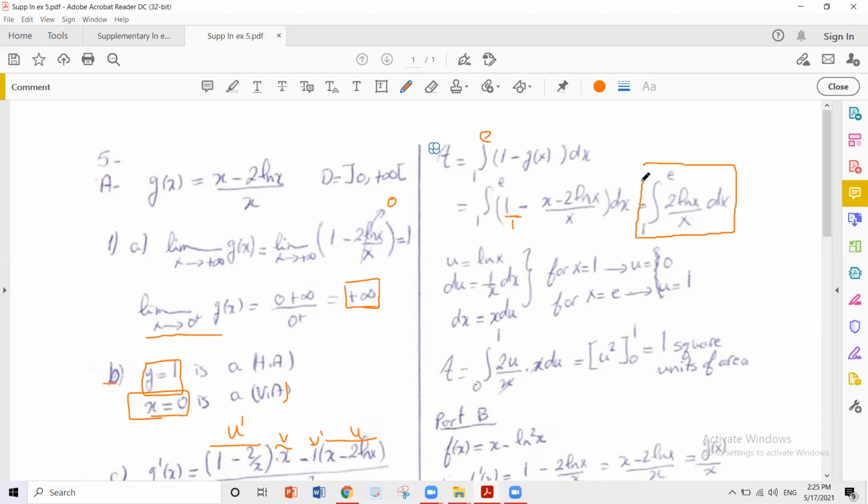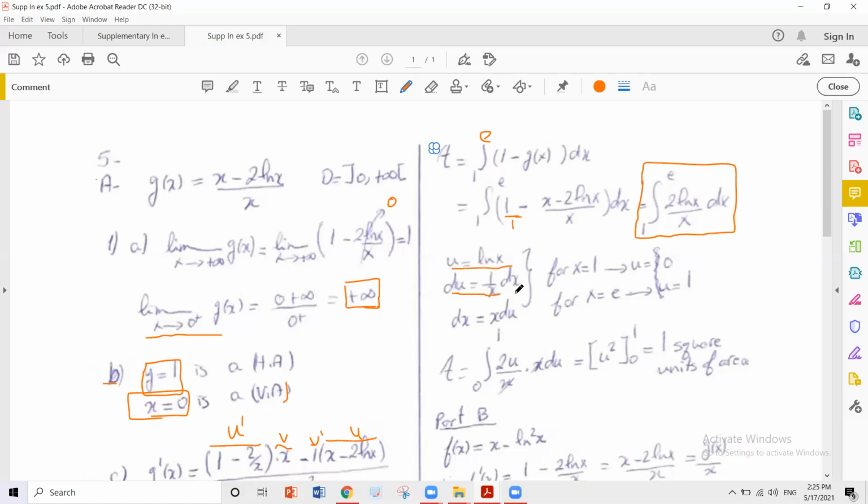There are two methods to calculate the integral, either by change of the variable or integration by parts. But whenever we have ln x and x in the denominator, we solve it by changing the variable, by letting u equal ln x.